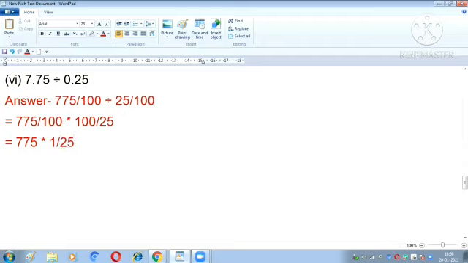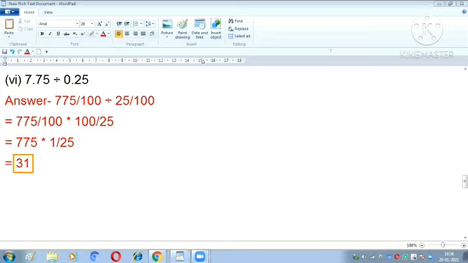Now 25 and 775 can be cancelled out, so that is equal to 31. 25 multiplied by 1 is 25, and 25 multiplied by 31 is equal to 775. So the answer of sixth bit is 31.